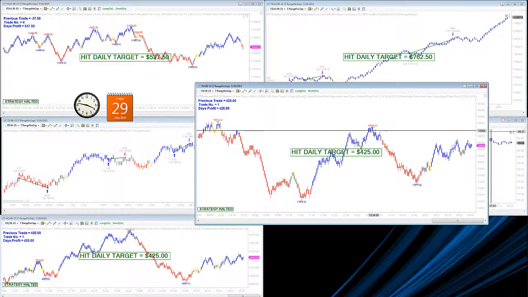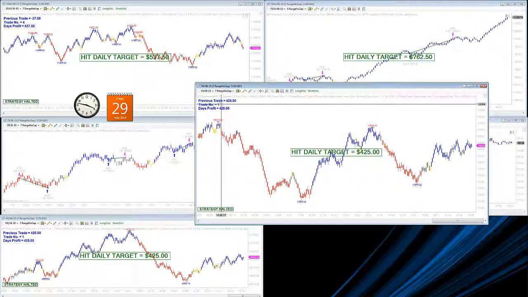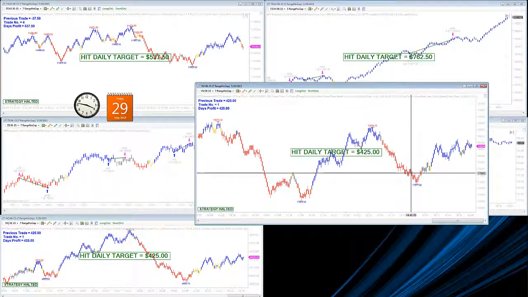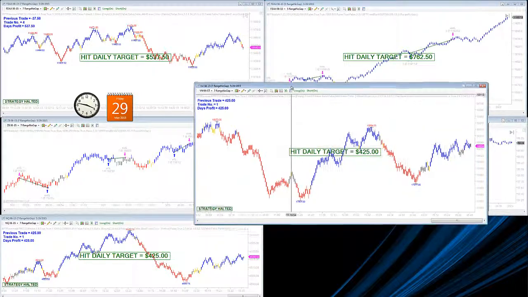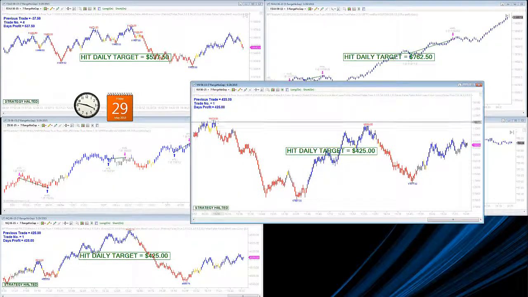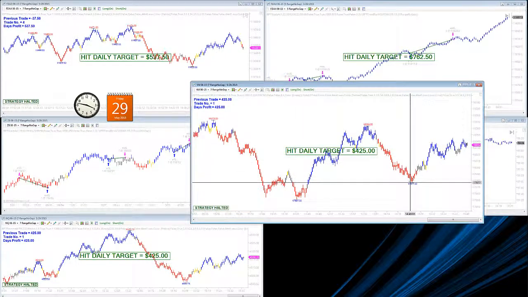If you notice the entries 1 and 2, the YM took 1 trade on the symmetry and we were done, and it closed up on the 1 trade at $425. You can see how the entries are 1, 2, 3, 4.